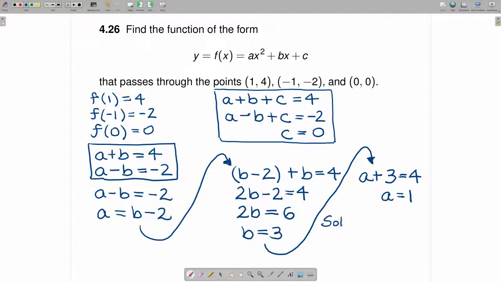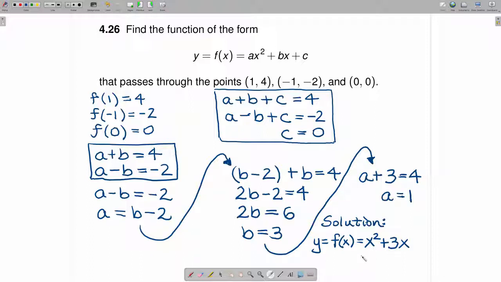The solution in this case will be y is equal to f of x is equal to a, which is 1, times x squared, plus b, which is 3, times x, plus c, which is 0. And that is the quadratic function that passes through these 3 points.